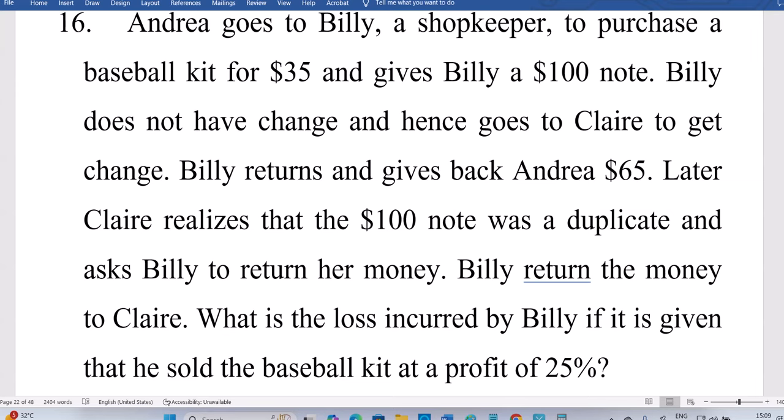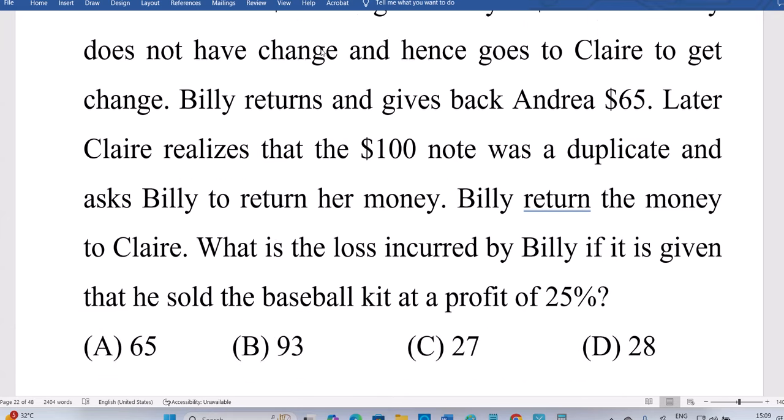They've given more lines, it's okay. You went to a shop to purchase a $35 product, but you gave $100, which is a fake note. They gave the change also to you. Here they deliberately added another candidate as a dummy. He gave that and gave it back, that's a waste.